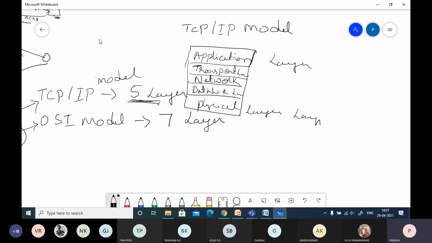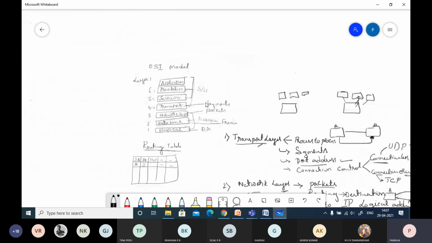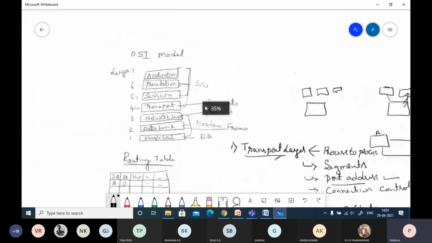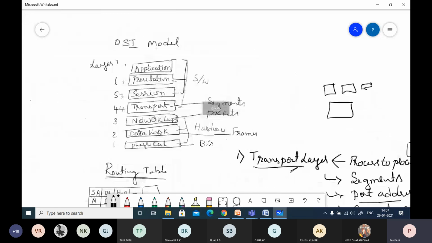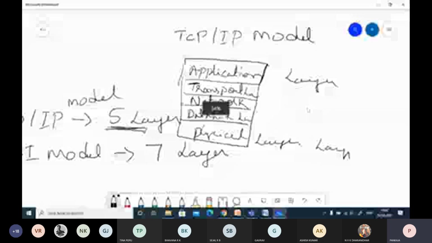So you can go back to the OSI model. Can you see your OSI model? These layers are combined, I mean 3 layers are represented as a single layer. Okay, so now just one more recall.